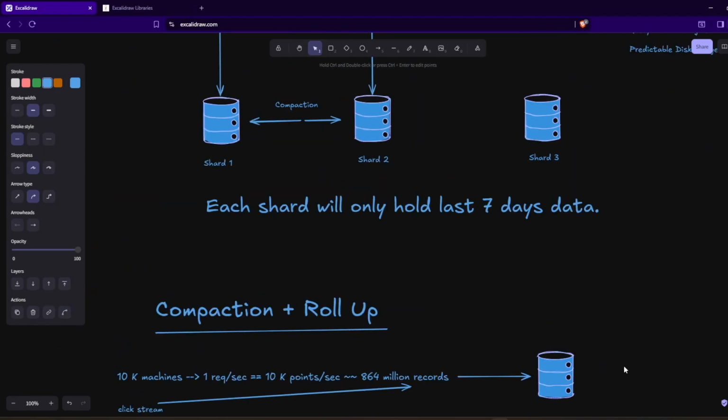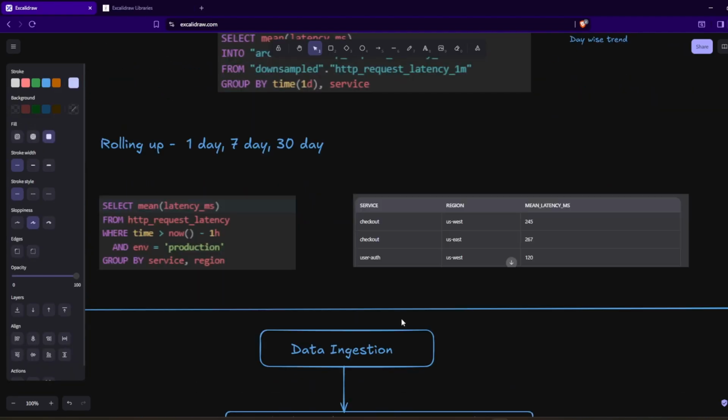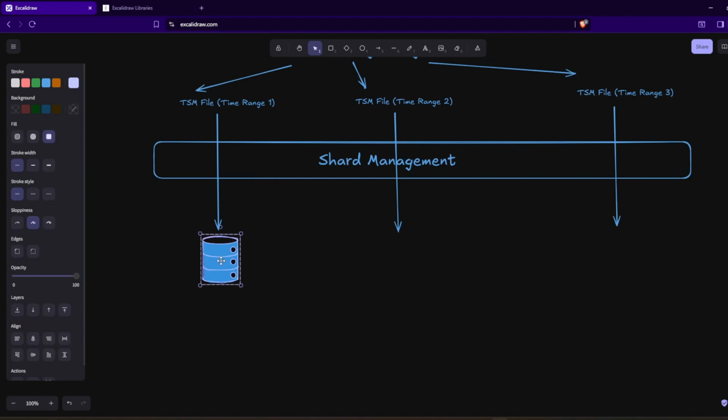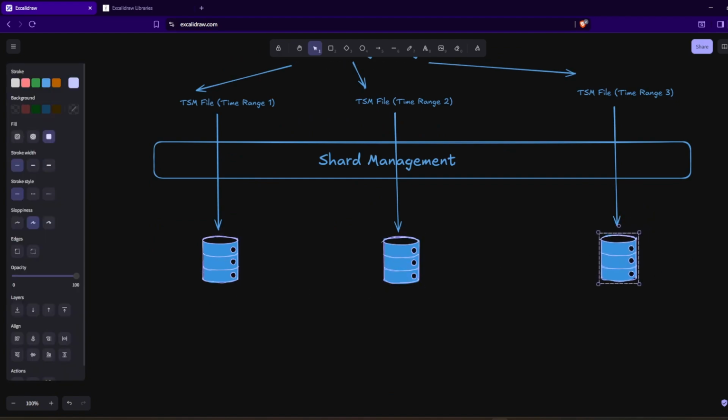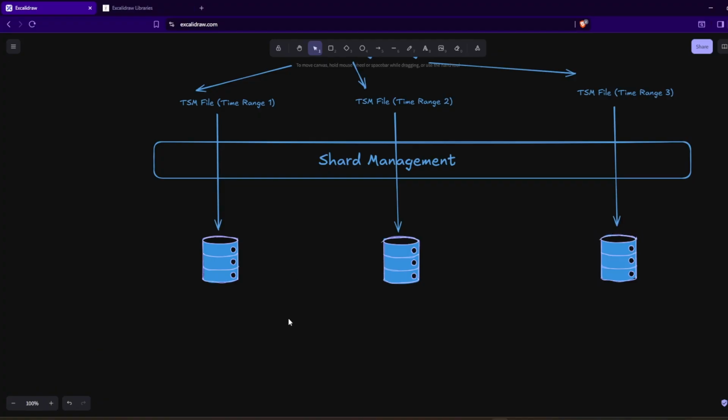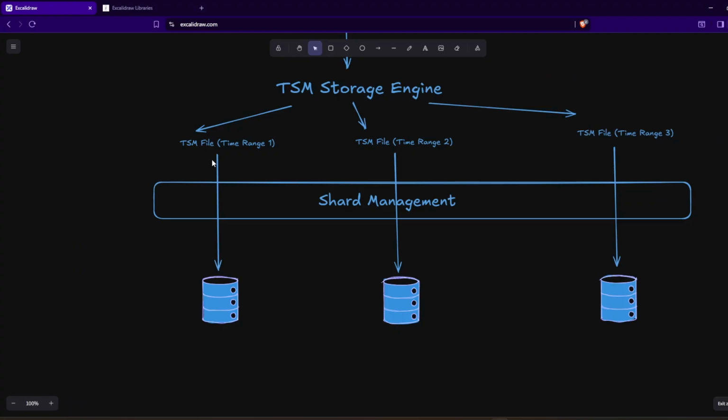Suppose this goes to shard 1, this goes to shard 2, and this goes to shard 3, right? So now we have all the different shards, and it will be very easy to query our database: if I have to get any data of this given time range, I will have it here. If I have to get any data within this time range, I will have it here.